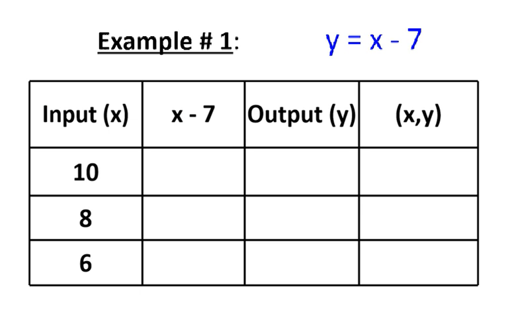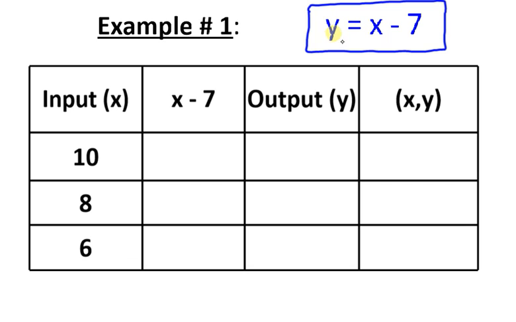All right, let's get started. You should recognize this as a function table. And this is a function. It's an equation, and it has two variables, a y and an x. The equation says y equals x minus 7. Our first column tells us what our x's are, and we also call them inputs.